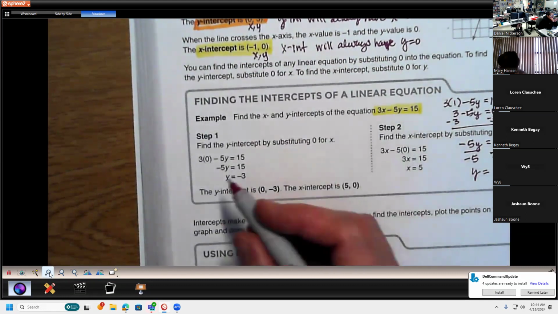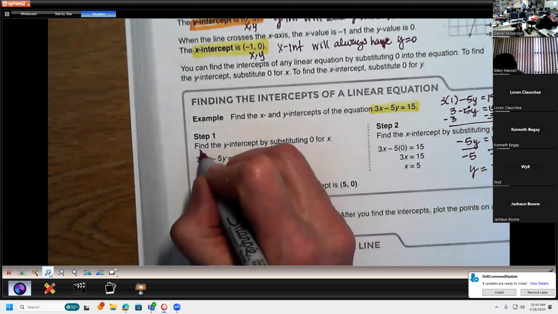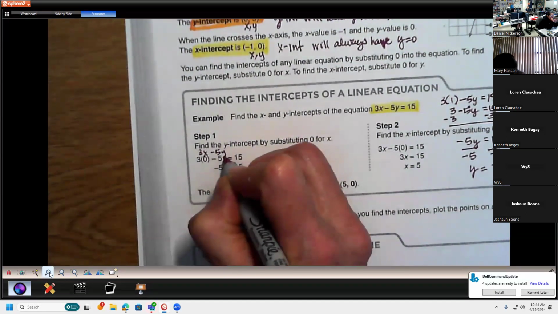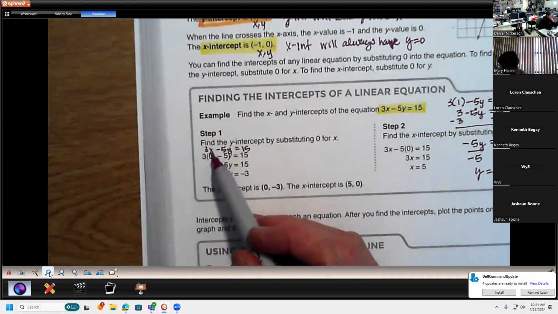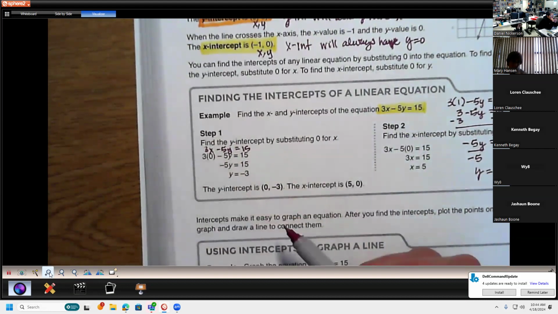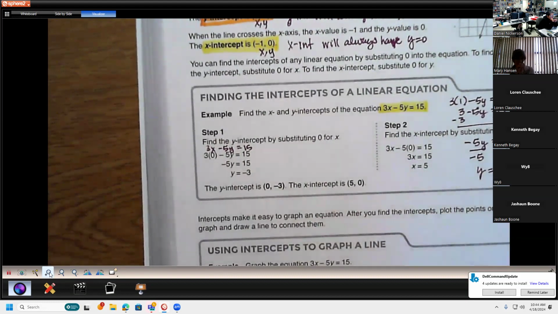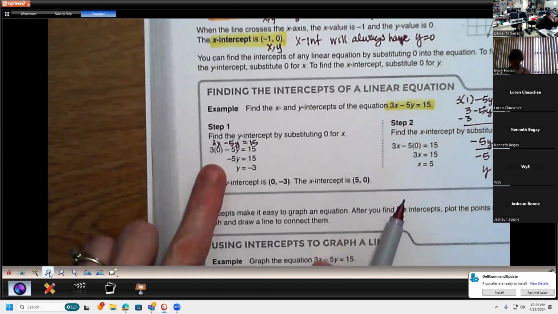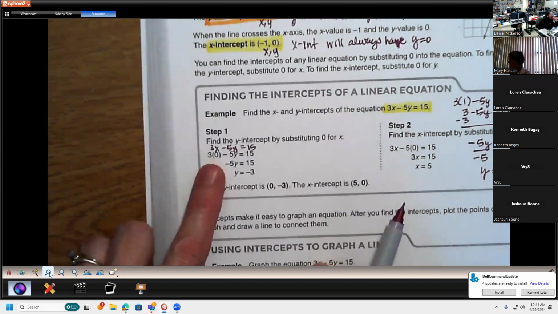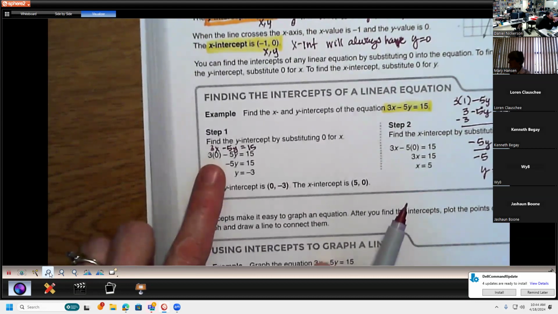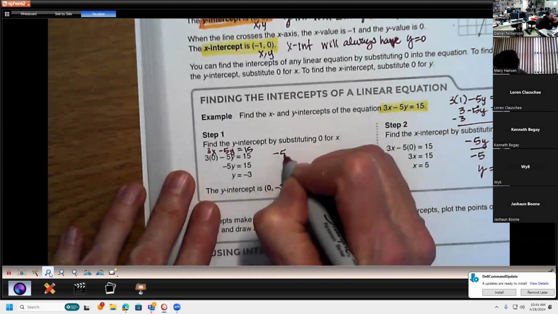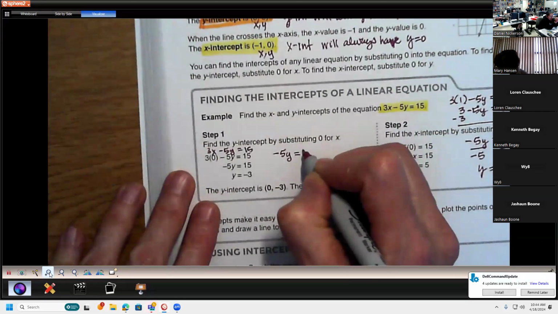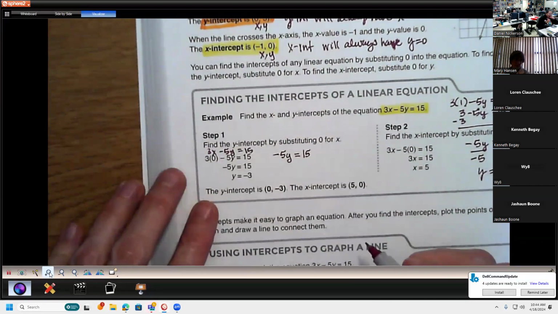So they've taken the equation 3x minus 5y equals 15, and they have taken out the x and put in a 0. The nice thing that does is it wipes that number out, because 3 times 0 is 0. And so that just leaves us with negative 5y equals 15.